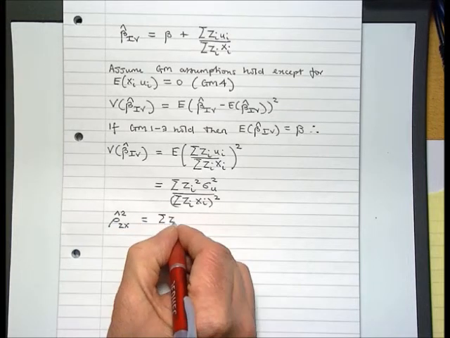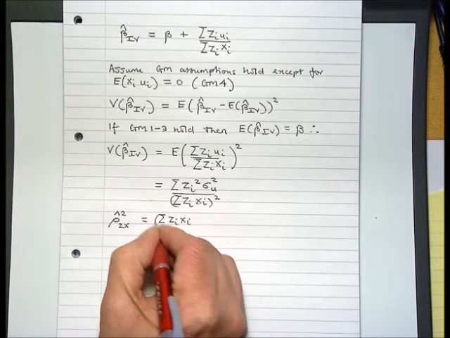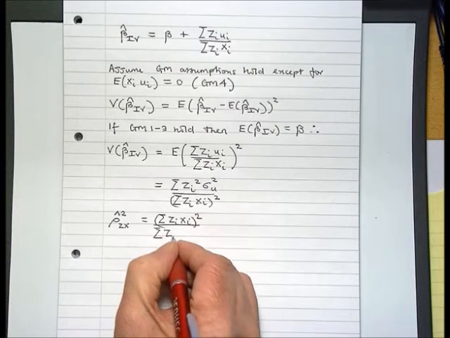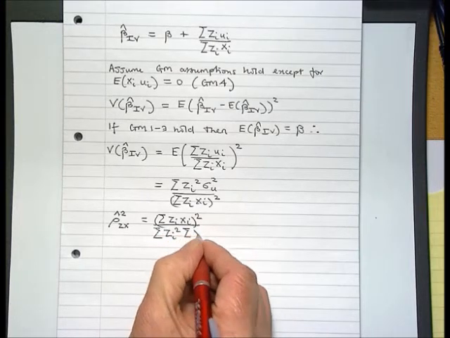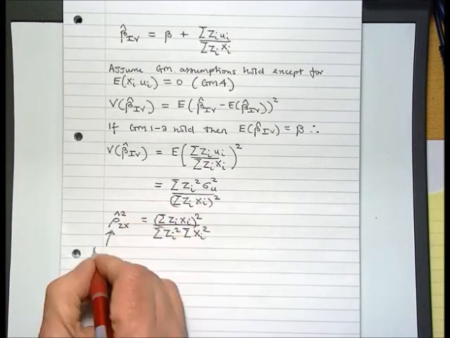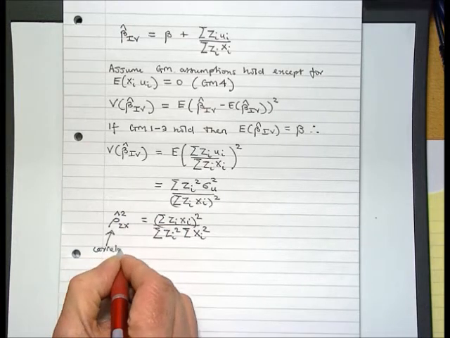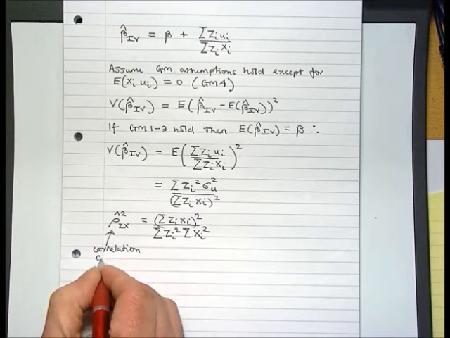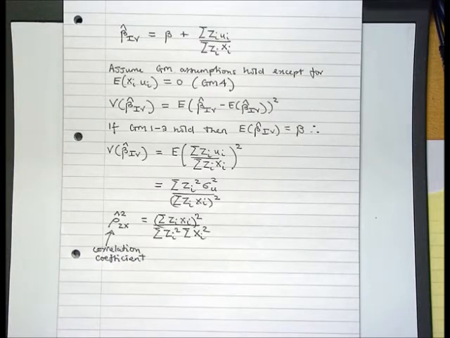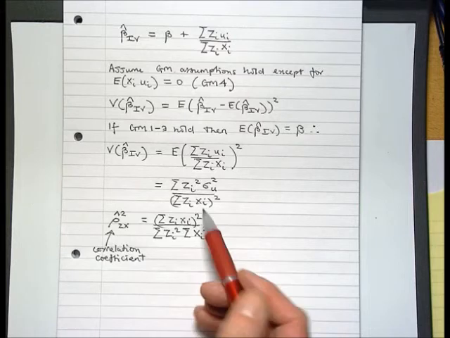The squared correlation coefficient can be written as the sum of zi xi, all squared, divided by the sum of zi squared multiplied by the sum of xi squared. That's the definition of a correlation coefficient between two variables, or more accurately, the square of the correlation coefficient. Okay, and that is something you use in basic descriptive statistics from level 1 onwards.